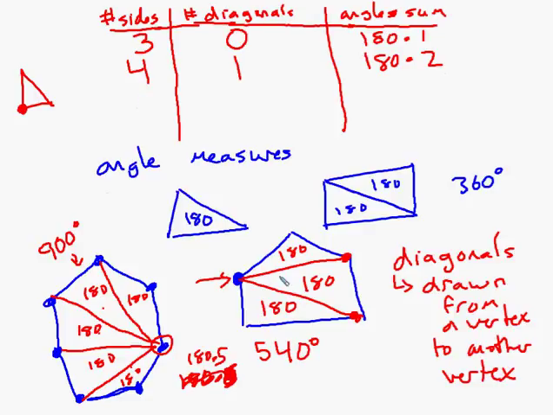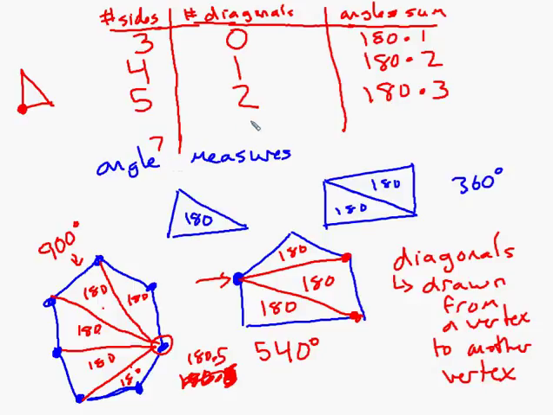A five-sided shape has 2 diagonals, and I did 180 times 3. We skipped 6, right? And we went to 7.